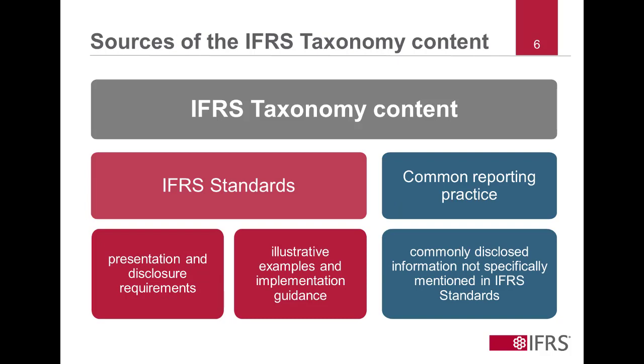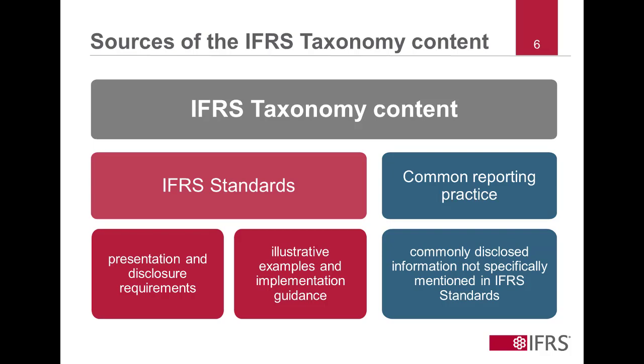The content of the IFRS taxonomy is sourced from three main areas. Firstly, from the presentation and disclosure requirements in the IFRS standards. Secondly, from the presentation and disclosure examples and implementation guidance that accompany the IFRS standards. Finally, it includes content that reflects common reporting practice.